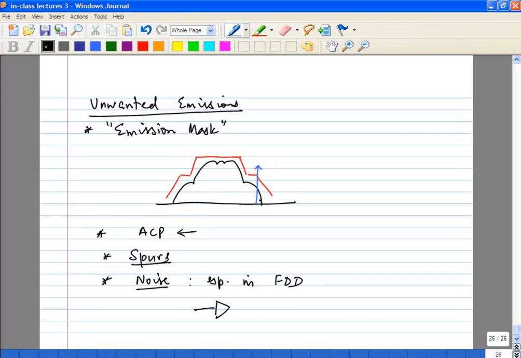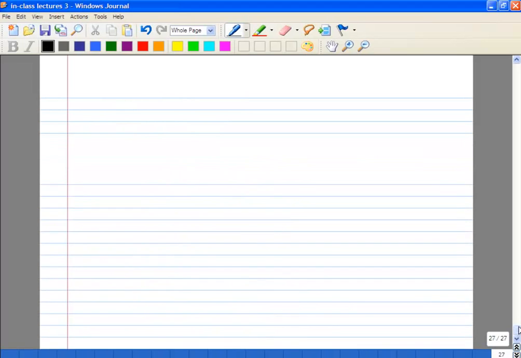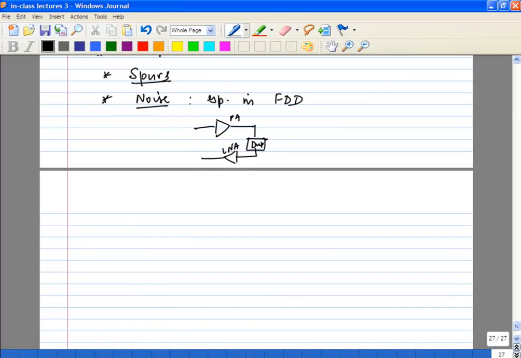Let's take the case of a PA and this is your LNA. The duplexer is going to have finite rejection from the PA output to the LNA input.